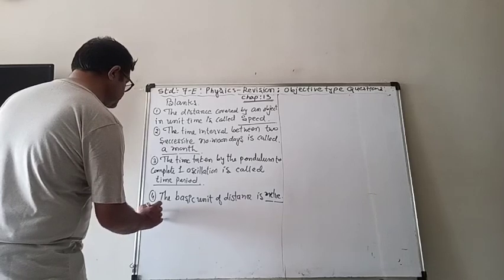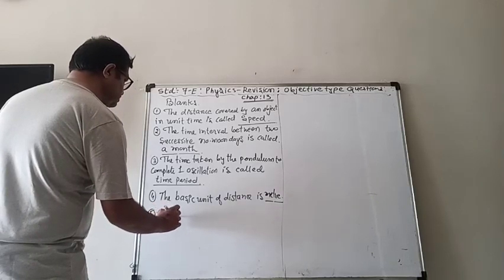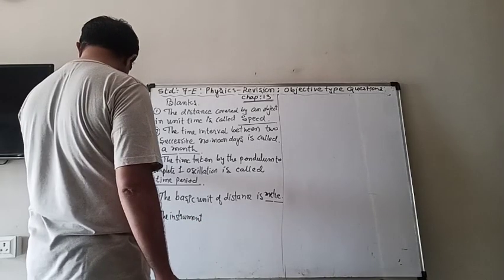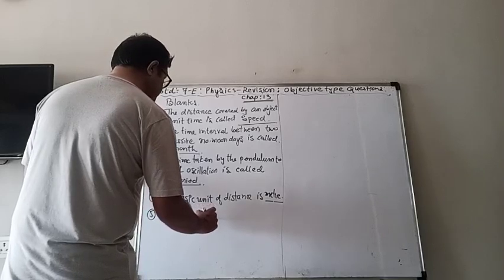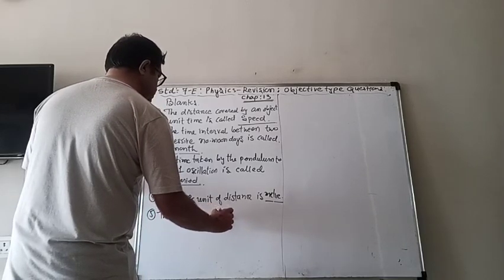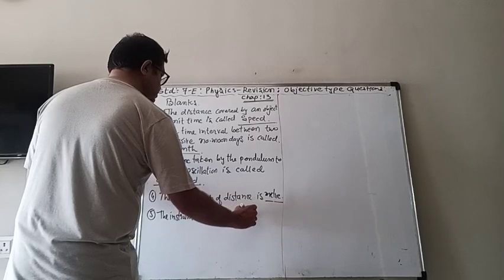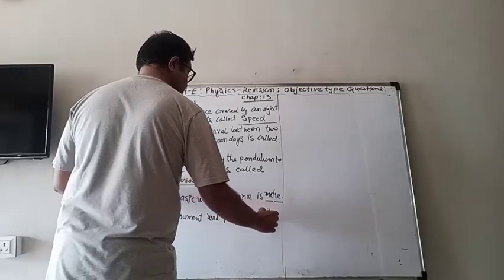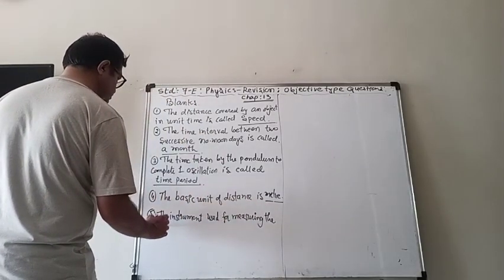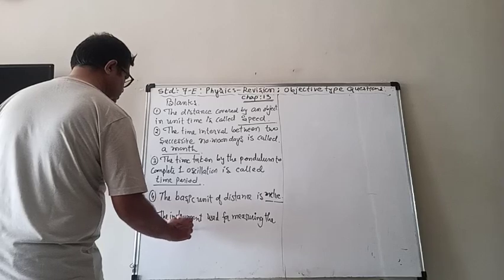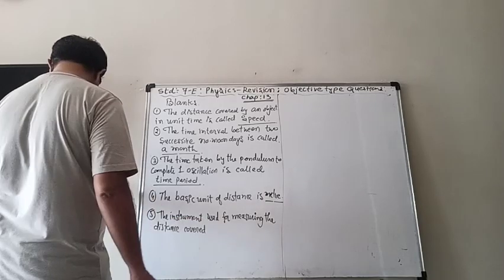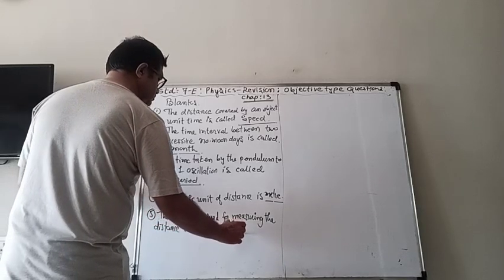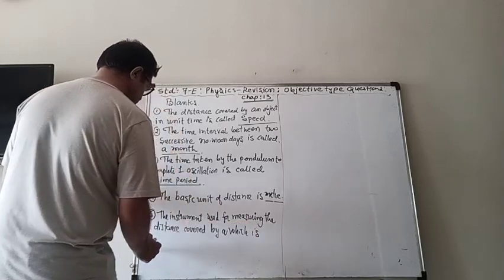Next, the instrument used for measuring the distance covered by a vehicle is blank.